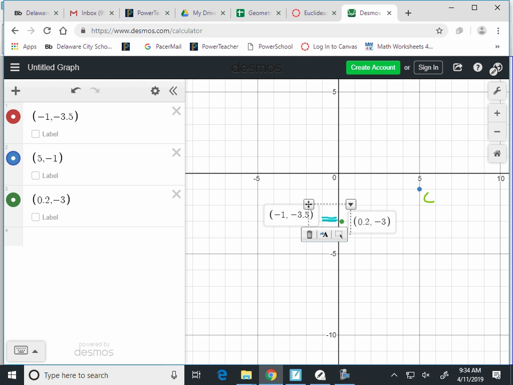Well, I'm going to go from -1 to 0, which is the distance of 1, and then a little bit more, which is 0.2. So that length there is 1.2. So when I make my right triangle, I went up 0.5 and I went over 1.2.